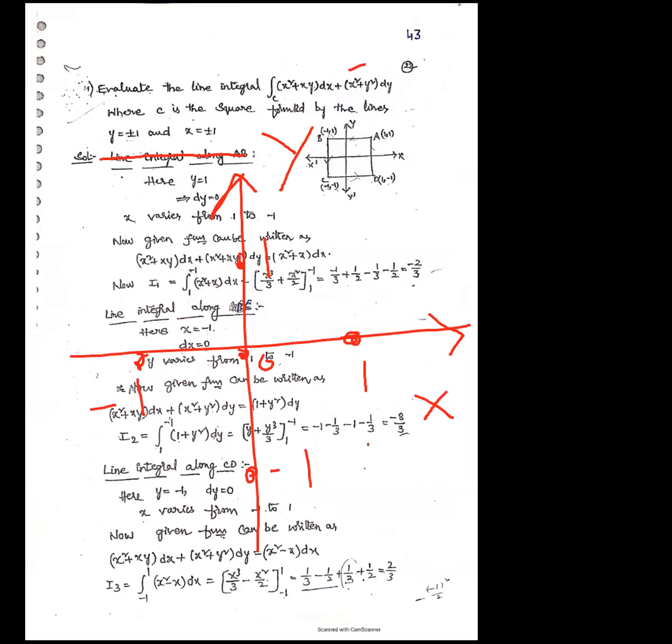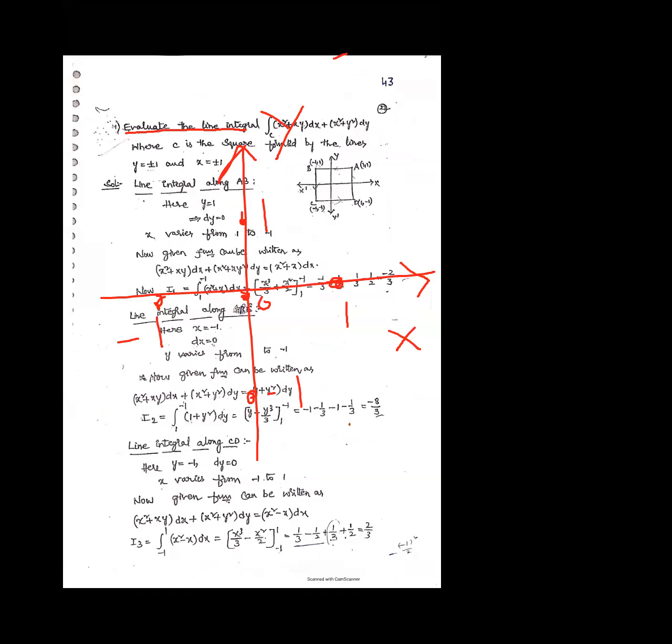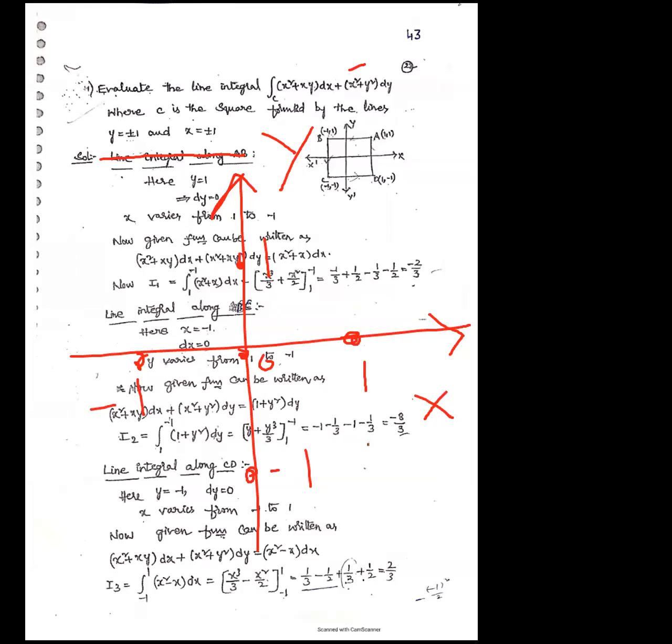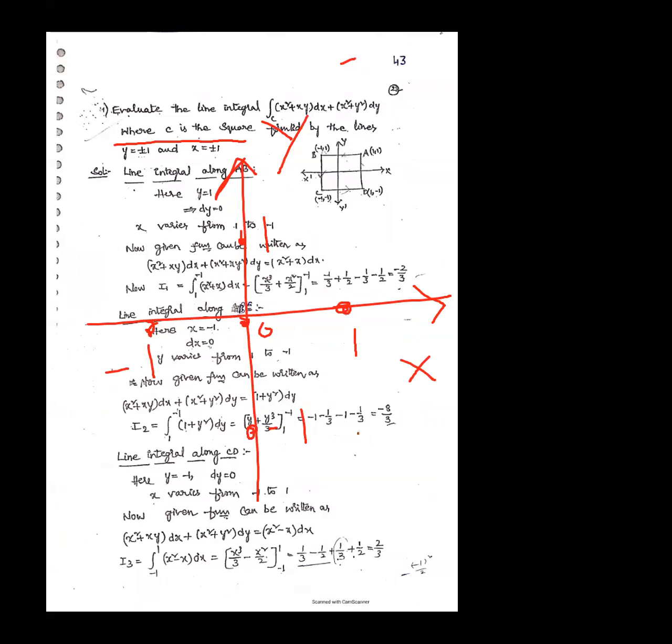So using these 4 points, I form a square from the 4 corresponding points. I draw lines through the given points. This is called a square. This square is curve C.